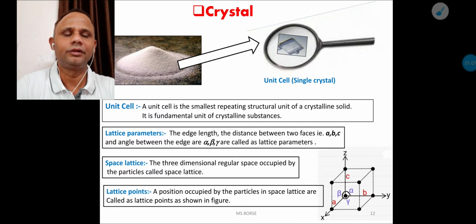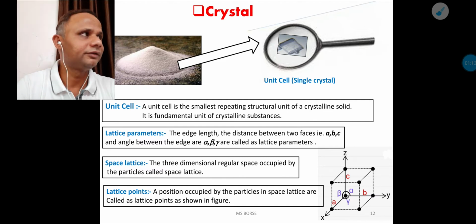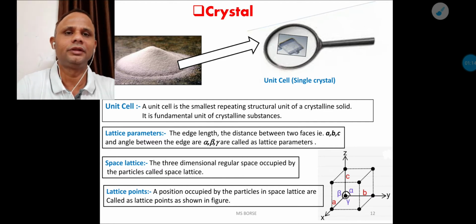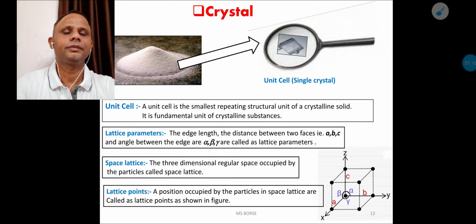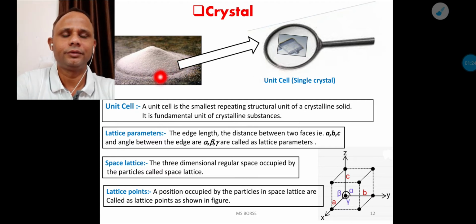Here we explore the crystalline compounds, their properties, and the constituents present in them. In this slide, if you see, this is the bulk of the crystalline compound. If you explore this crystalline compound under a microscope, you can find the smallest part of the crystal, that is, a single crystal.